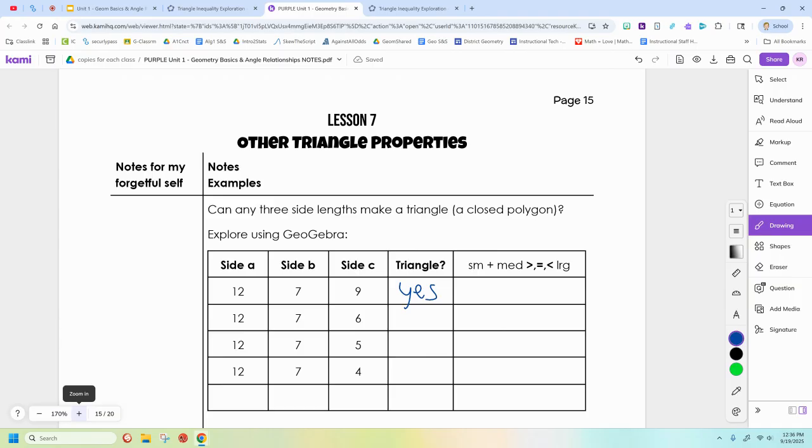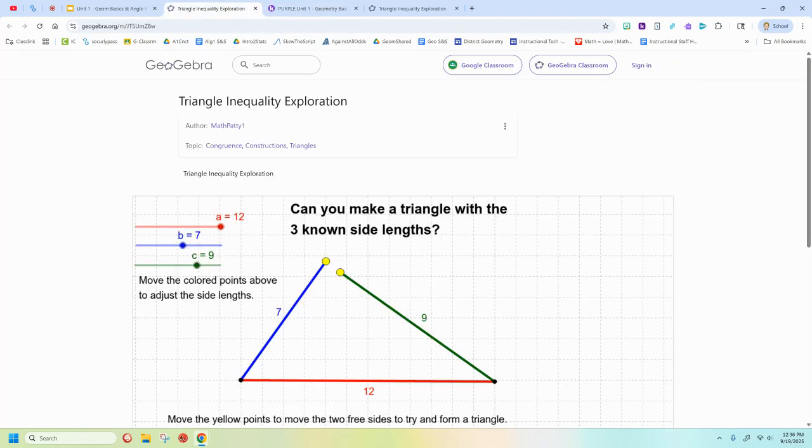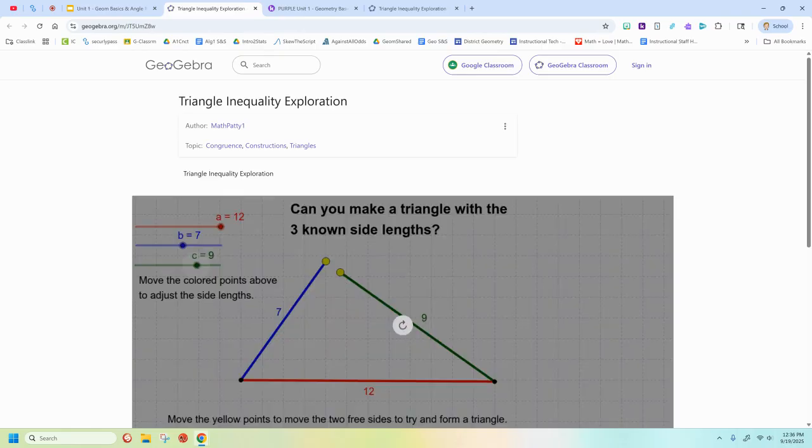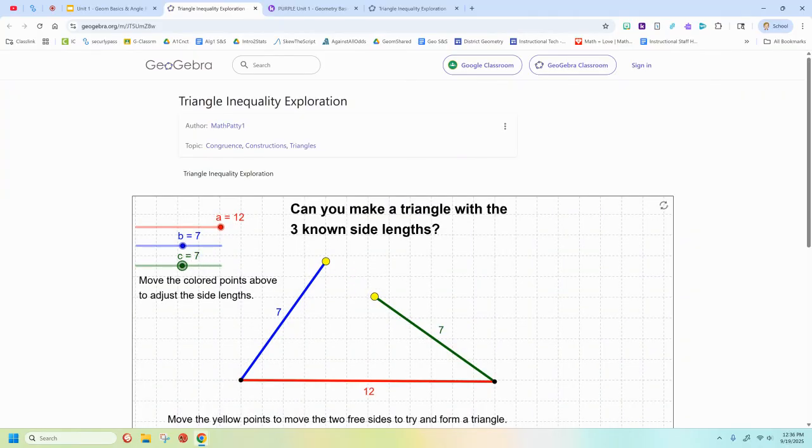So I'm going to go back to my exploration. So I want to keep the 12, I want to keep the 7, but I want to change C to what number? 6. So I just use the slider and change it to a 6. And now, can you get it to connect? So you might have to play around.